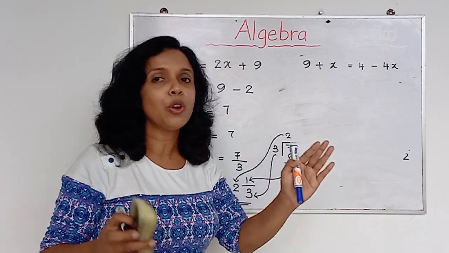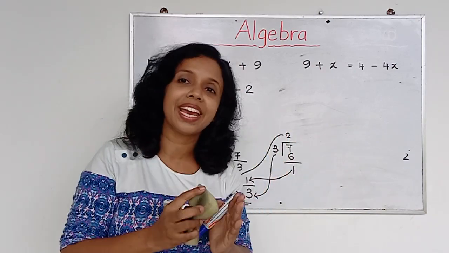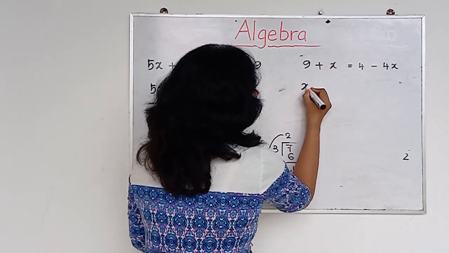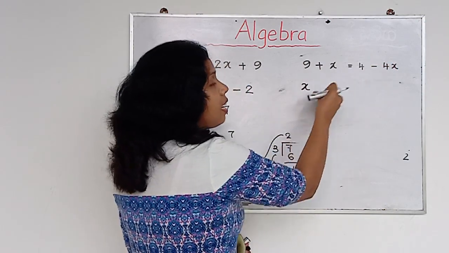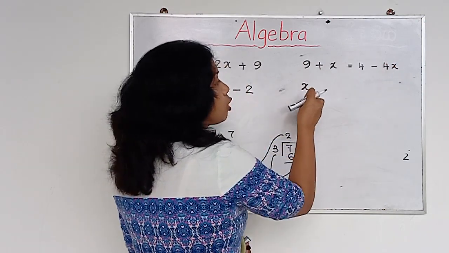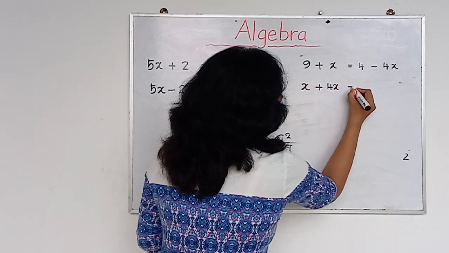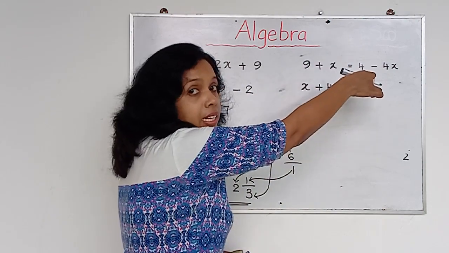What you can do is collect, or separate, like things together. How can you do that, children? You keep this x as it is and you bring this minus 4x to this side. Minus 4x brought to this side, what happens? Plus 4x. Then you write this 4 as it is, which was on this side earlier.